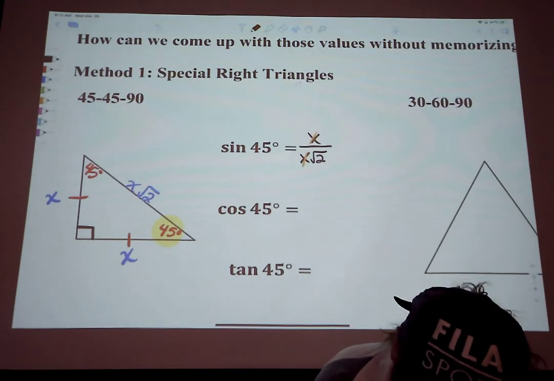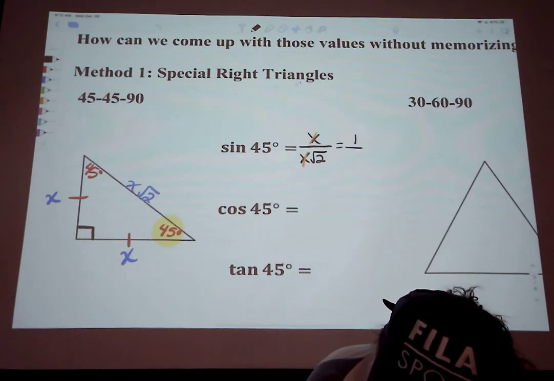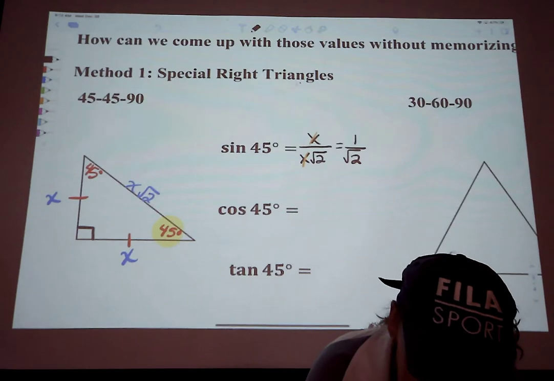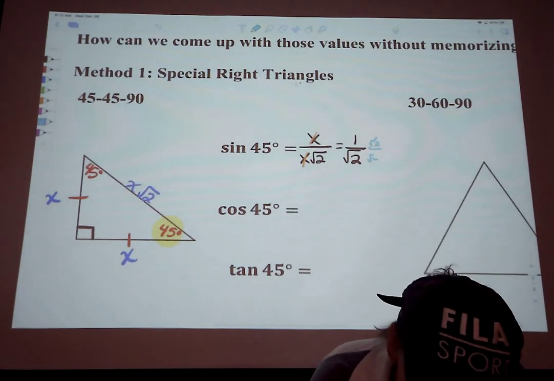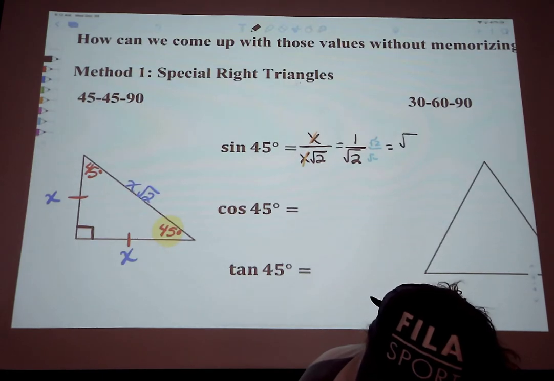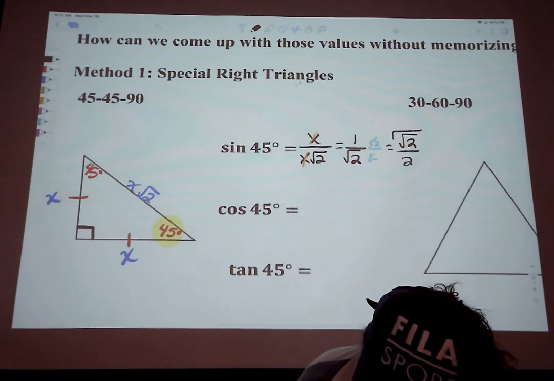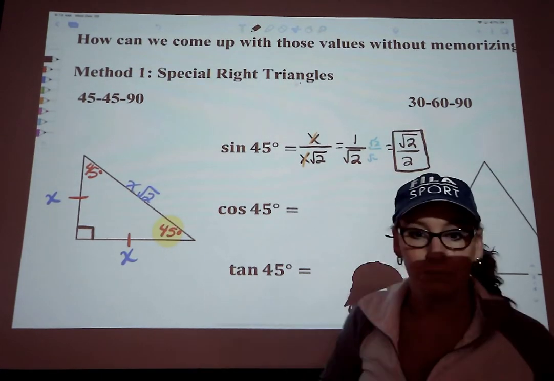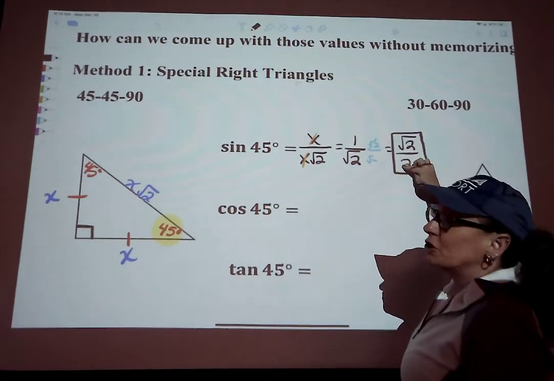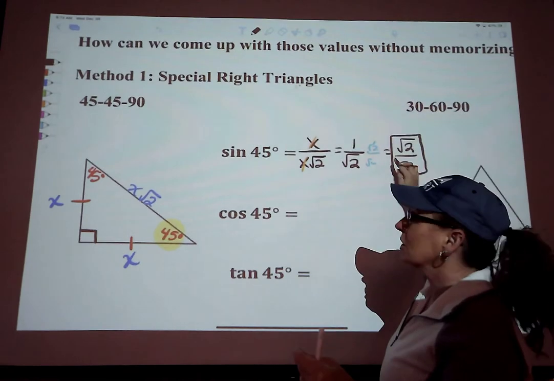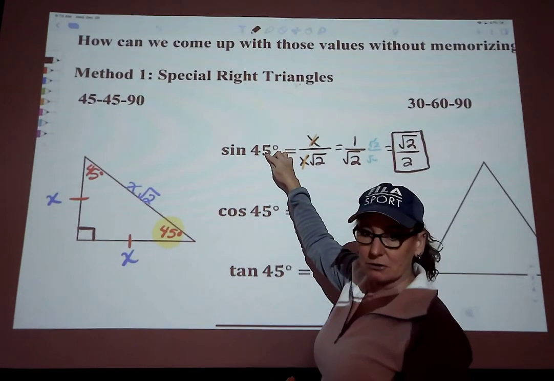They cancel. And you're left with 1 over the square root of 2, and then you have to fix it. And you get the square root of 2 over 2. This is how your opposite and your hypotenuse compare when you have a 45-degree angle in your triangle.